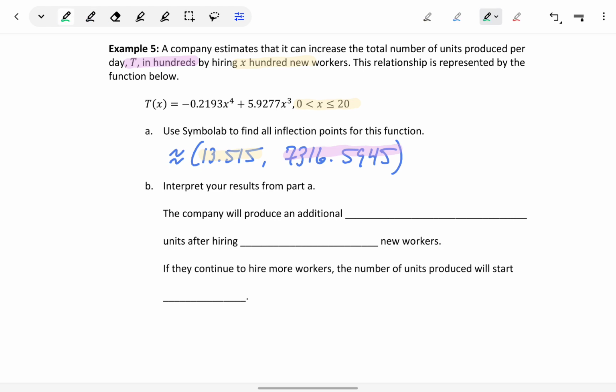So we need to update both values by multiplying by 100 to complete our interpretation. This tells us that the company will produce an additional 731,659 units after hiring 1,352 new workers.